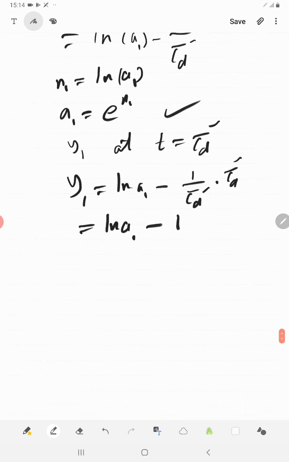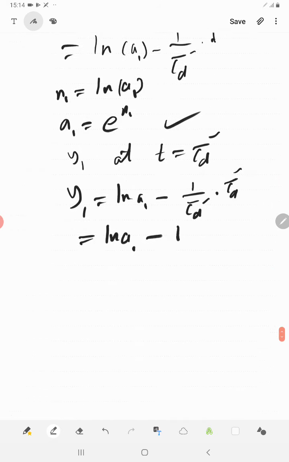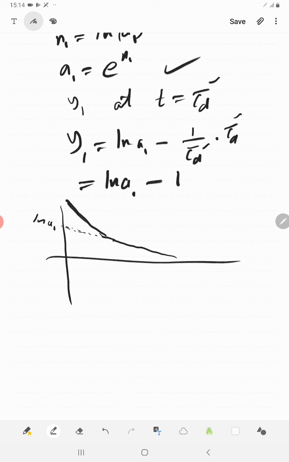So if we take this curve here, ln a1, and subtract this one from it, this is ln a1 minus 1.